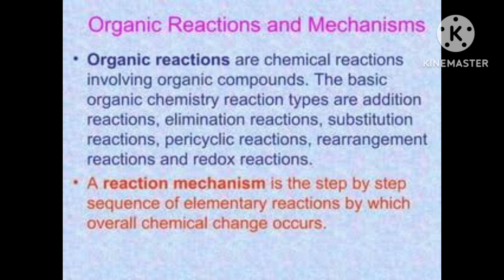Methyl carbocation is less stable than ethyl, and ethyl is less stable than the isopropyl carbocation, (CH3)2CH plus. Actually, CH3 plus was there; in that, one H is removed or replaced by another CH3.